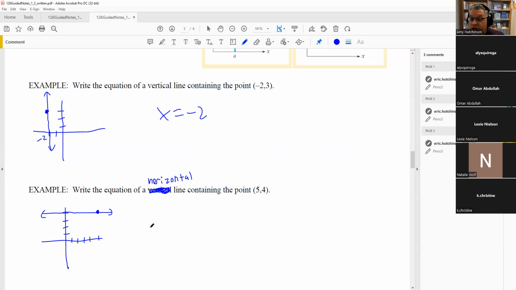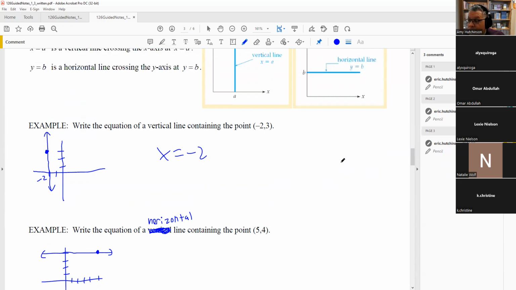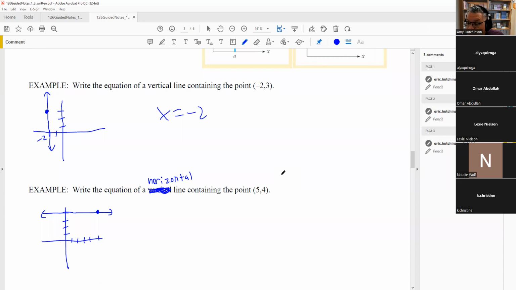And I want to write the equation for it. If I look up here, the equation is y equals something because it's horizontal, and y equals wherever it crosses the y-axis. In this case, the height is 4, so I'm going to put y equals 4, and that's going to be the answer for that one.